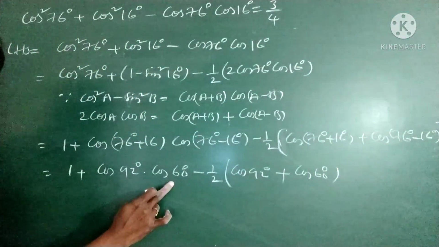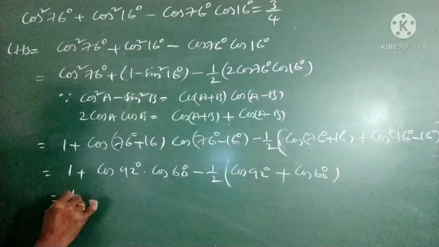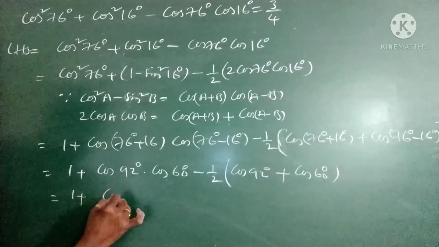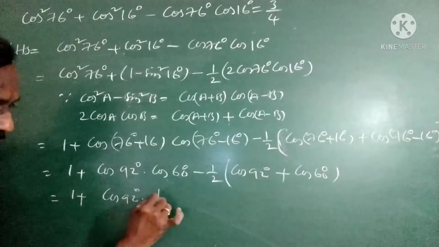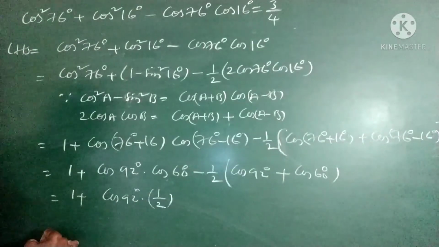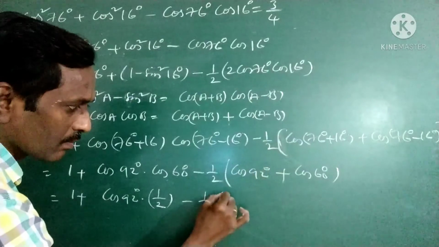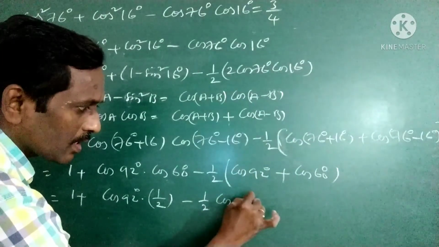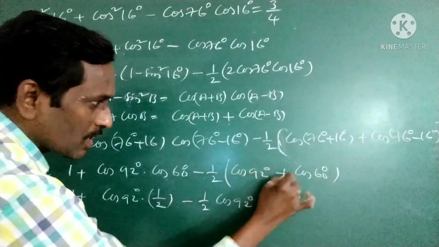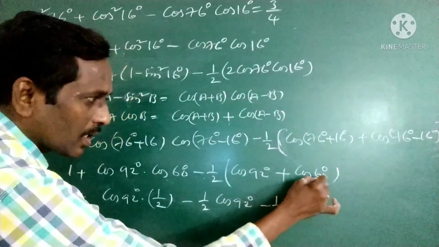Cos 60 we know the value, put the value in this: 1 plus cos 92 degrees into cos 60, which is the value 1 by 2. Again, minus 1 by 2, multiply inside: cos 92 degrees minus 1 by 2 of cos 60.